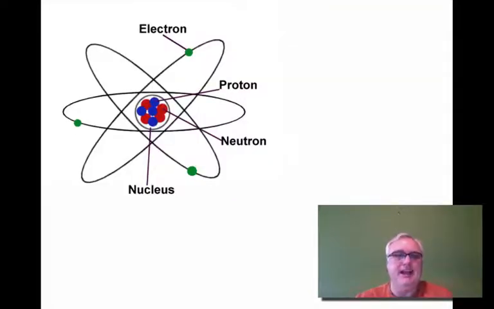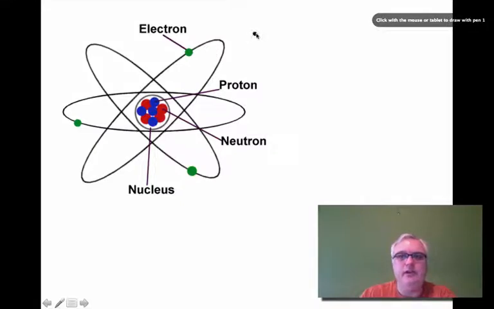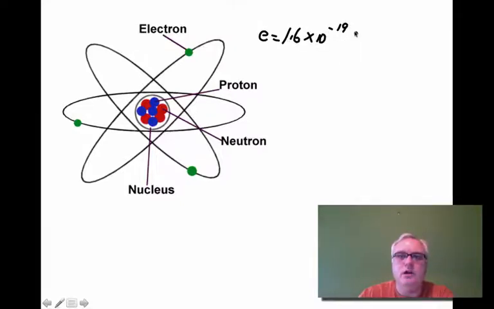Now, in an atom, we know that the charge is produced by the electrons and the protons. Electrons are negatively charged and protons are positively charged. And interestingly enough, they have the same magnitude of charge, which we call the elementary charge e, 1.6 times 10 to the negative 19 coulombs.